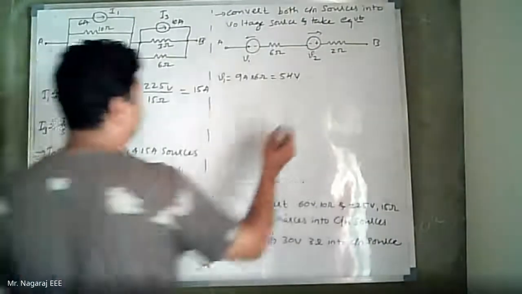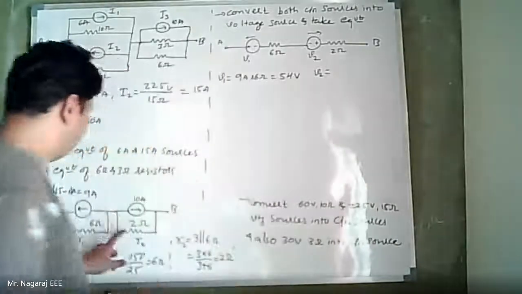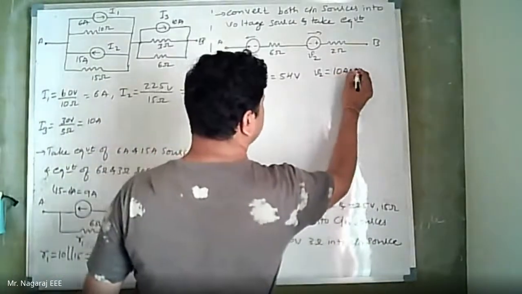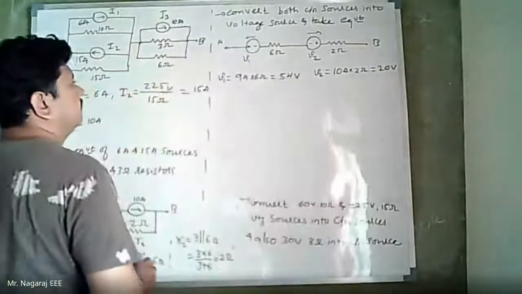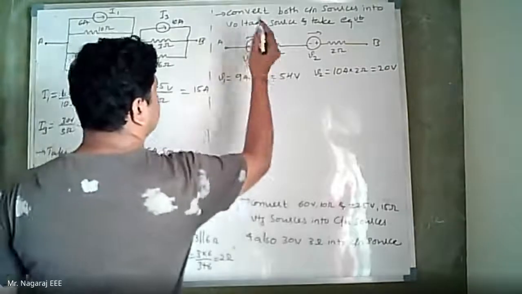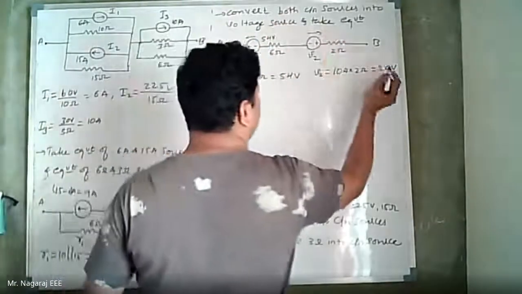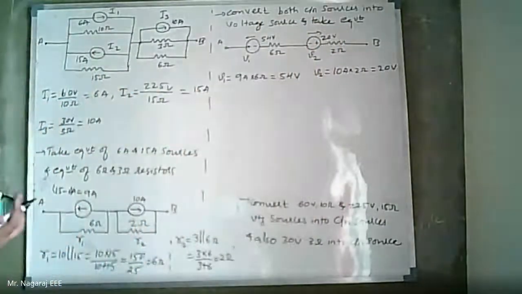And V2 is 2 ohms, 10 amps. That is 10 amps into 2 ohms, equals 20 volts. So it is 54 volts and it is 20 volts.